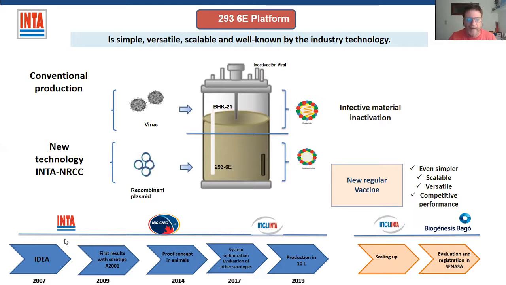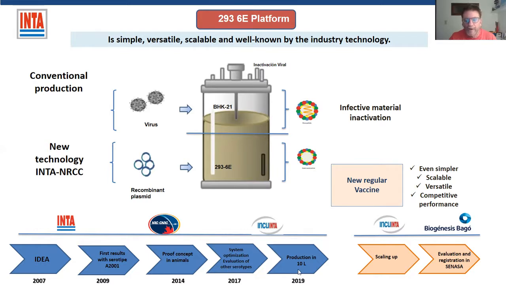In the next slide, I show the pipeline of our development. We initiated in 2007. Then 2 years later, we had our first result with Argentine serotypes. 5 years later, we made our proof of concept in animals. 2 years after, we made the optimization of the system with different serotypes.